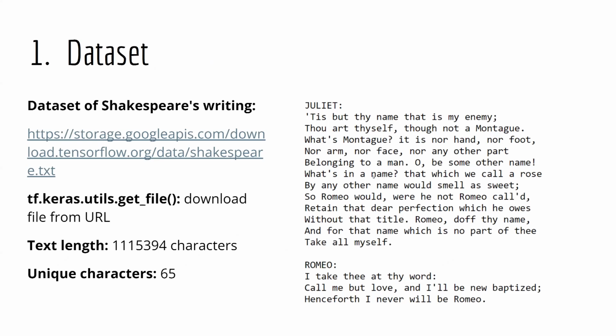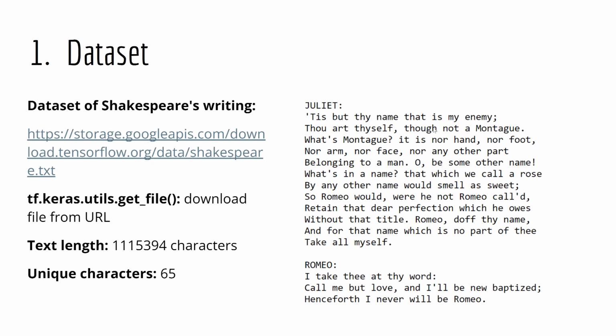Okay, first, the data set. There is a data set of Shakespeare's writing that can be found on TensorFlow, and this is the data set we'll be using. TensorFlow has an existing function used to download files from a URL. This is the URL, and this is how the data set will be obtained.